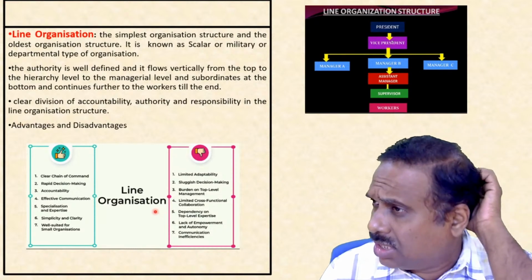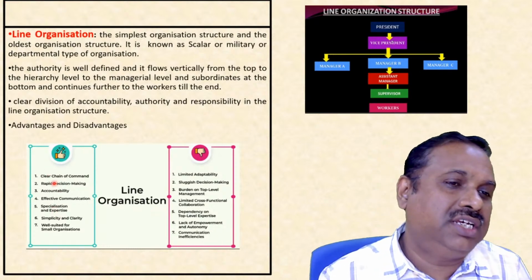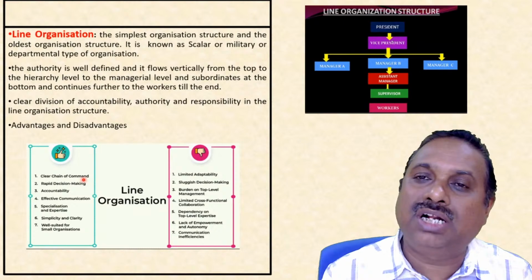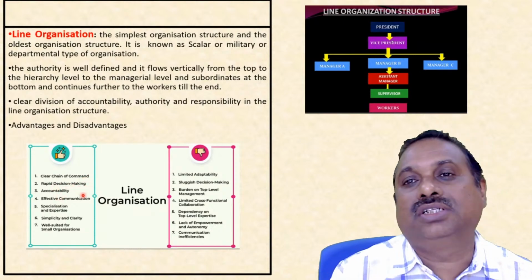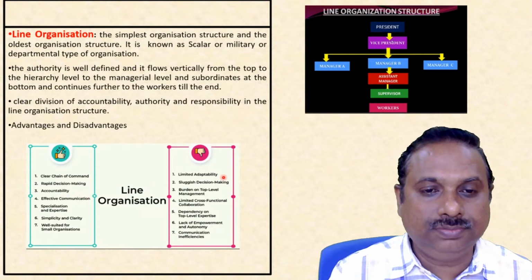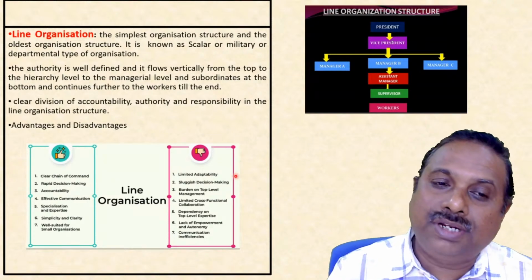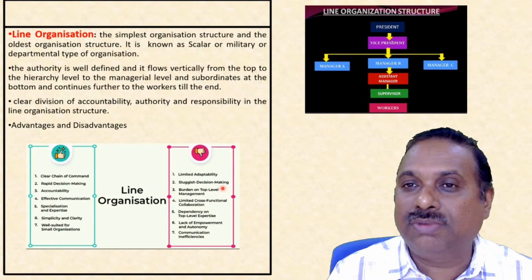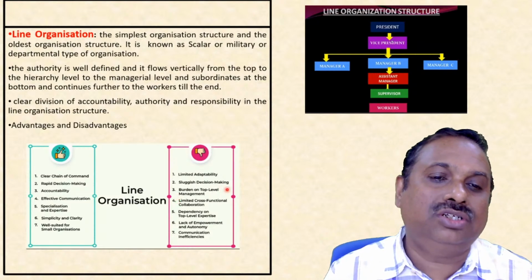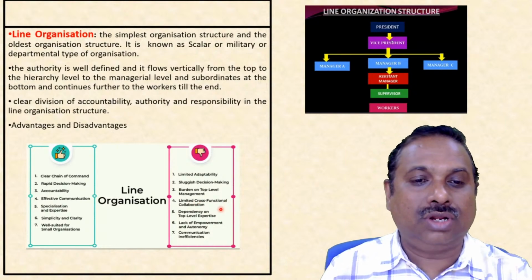There are some advantages and disadvantages. Advantages, we'll see 3: clear chain of command, rapid decision making, and accountability. Disadvantages are limited adaptability, sluggish decision making, burden on top level management, and also limited cross-functional collaboration.